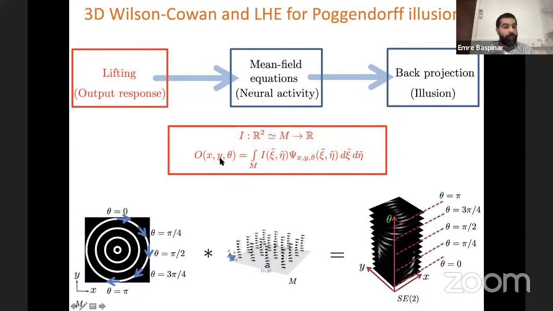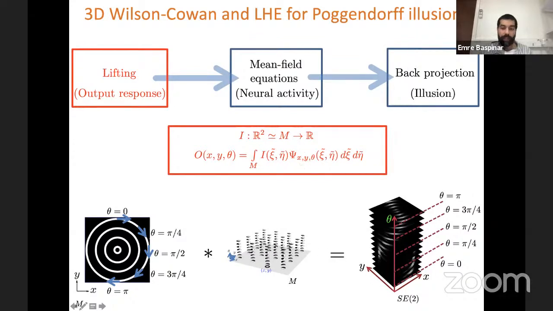provides the output responses of the simple cell receptive profiles to a given image, which is represented by capital I, which can be thought of as this two-dimensional image with circles with different radii. And it's obtained via the convolution of the given two-dimensional image I with the rotating filter banks of the receptive profiles.